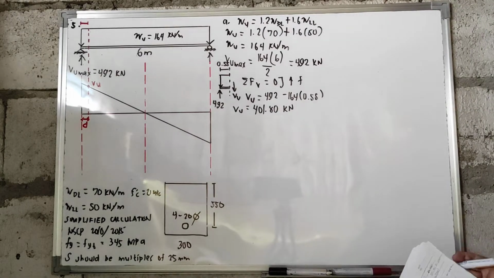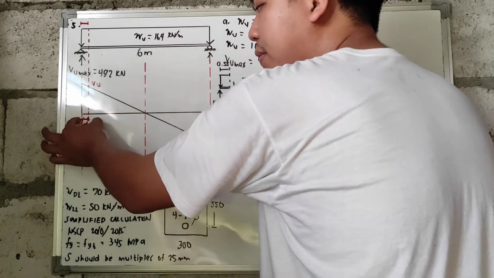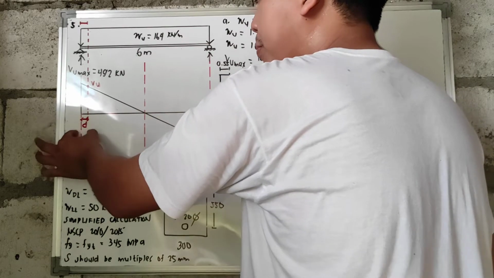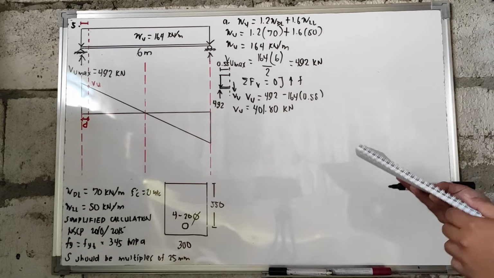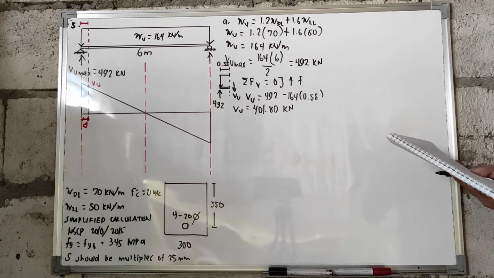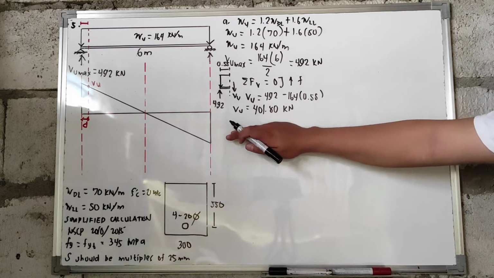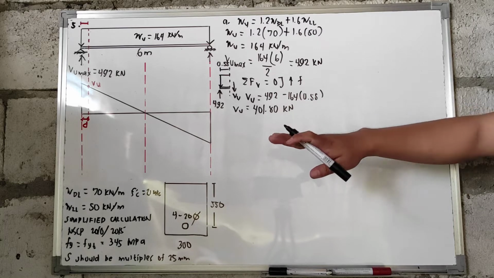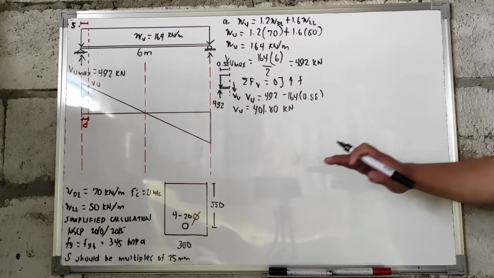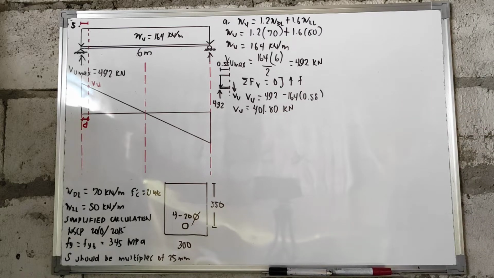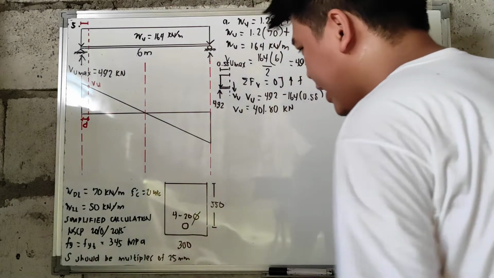Ang tanong ngayon, at a distance d from the face of your support, what will be the spacing? So, paano natin kukunin yung spacing? Same lang. Meron tayong value ng Vu. Kunin natin yung value ng Vc, Vs, spacing, at saka i-compare natin siya sa Smax para makuha natin yung spacing natin.